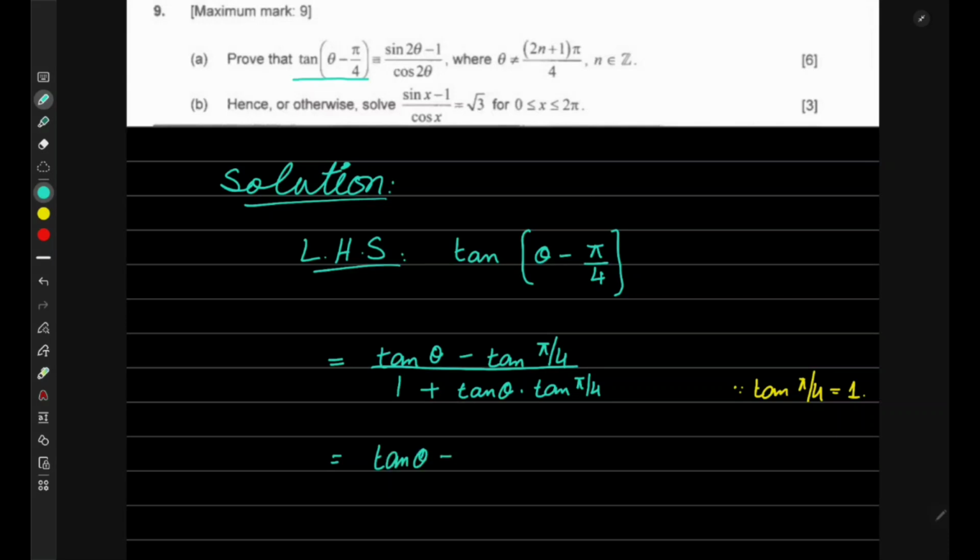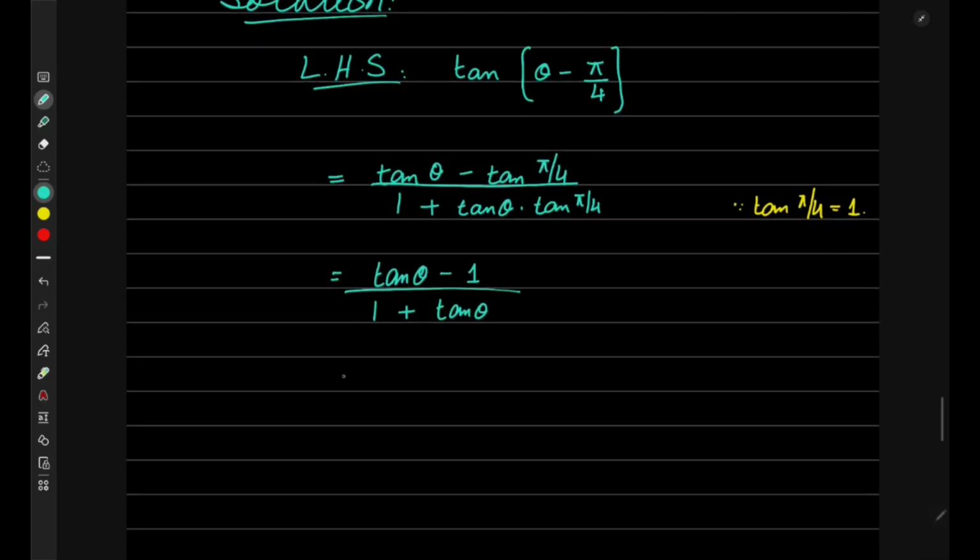tan theta minus 1 over 1 plus tan theta. Now convert tan theta into sin theta over cos theta: sin theta over cos theta minus 1 over 1 plus sin theta over cos theta.